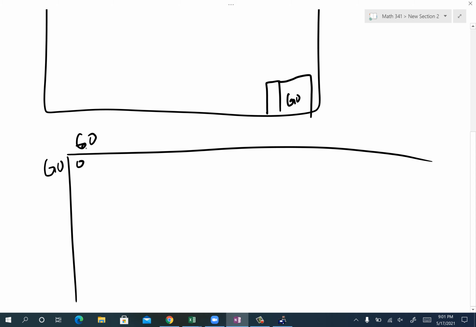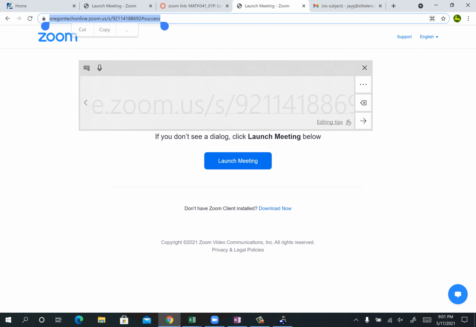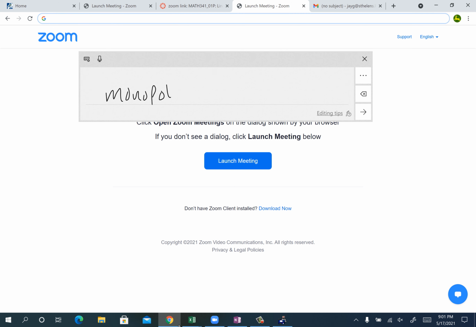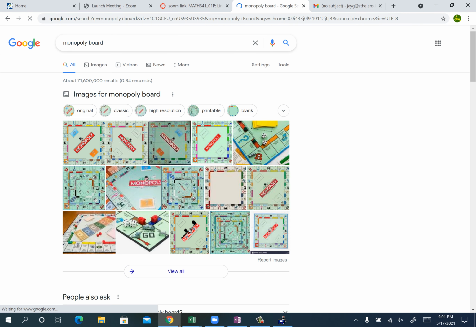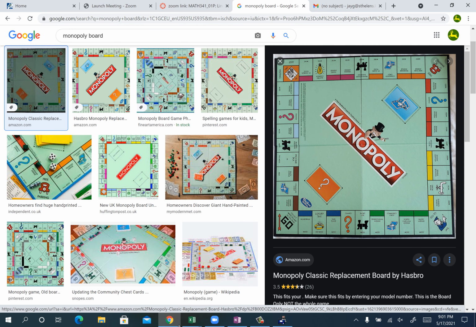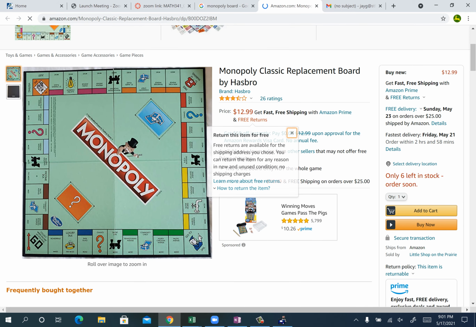Okay, we need a picture of the Monopoly board. Cool. There it is. Awesome. Let's look at a pic. All right. So the first one out is, what does that say? I can't read that. I'm going to have to make it bigger so I can read it.